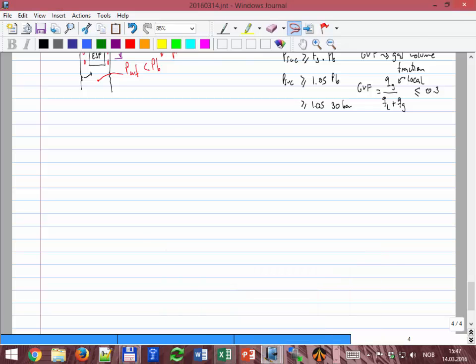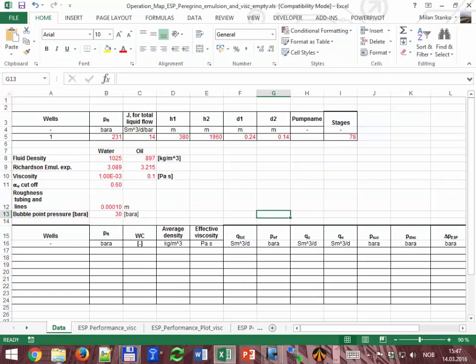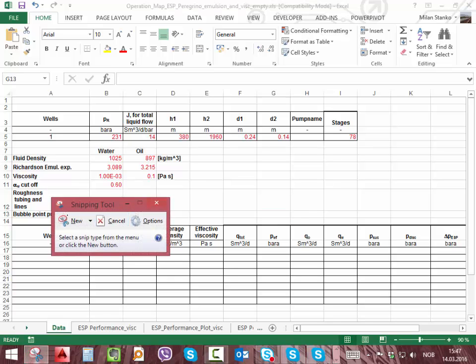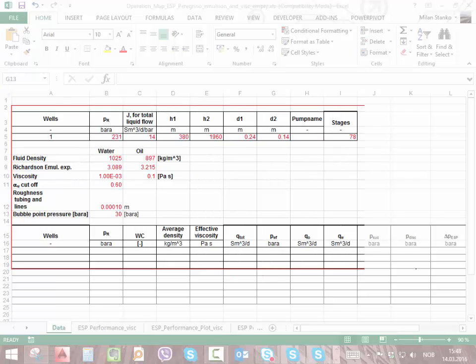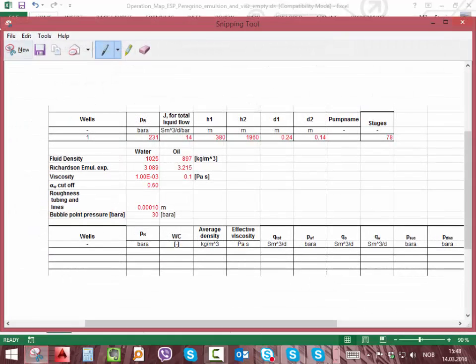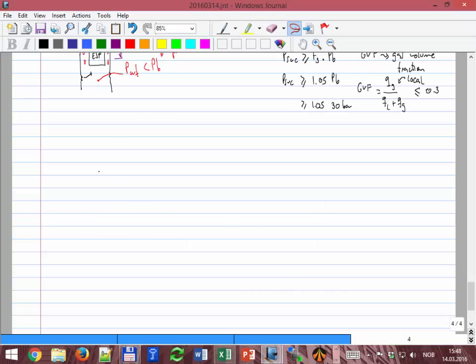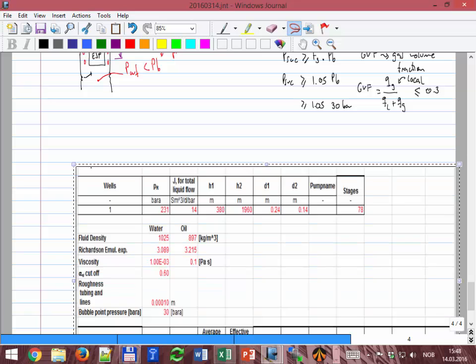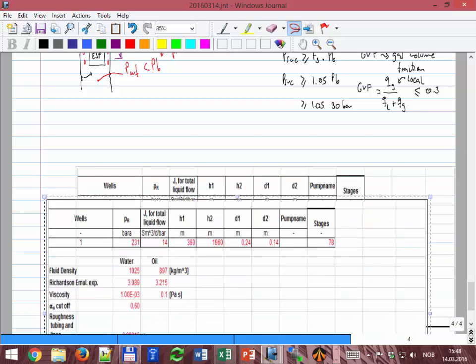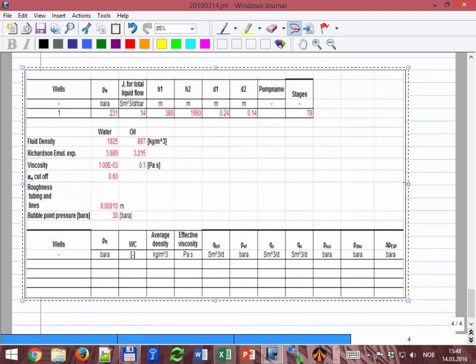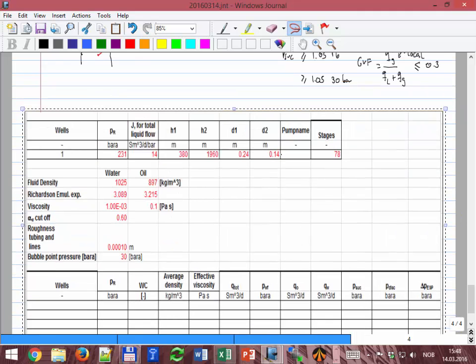So let's just put you on the same page. That's the data provided for one well in the Peregrino field.